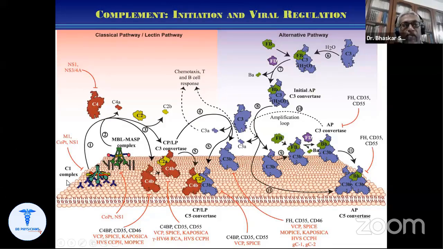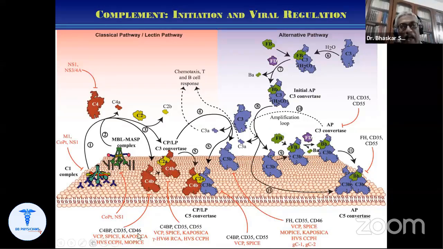So what I have tried to show you here is the classical pathway on this side, how this C1 complex is formed, that is, C1q is activated, and these are different molecules like NS1, NS3, non-structural protein 1, non-structural protein 3, non-structural protein 4A, and other proteins from different viruses. They can inhibit this activation of C1, which is the trigger.